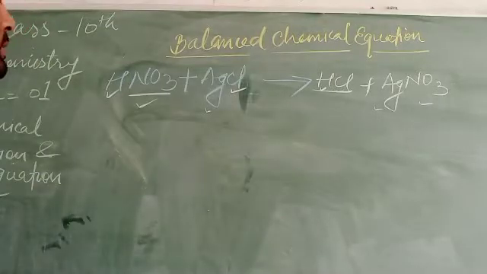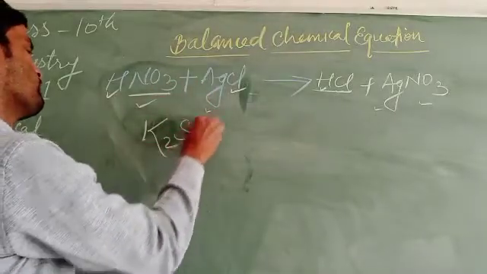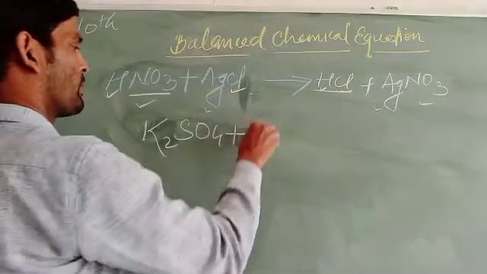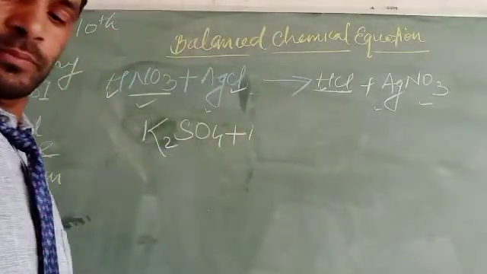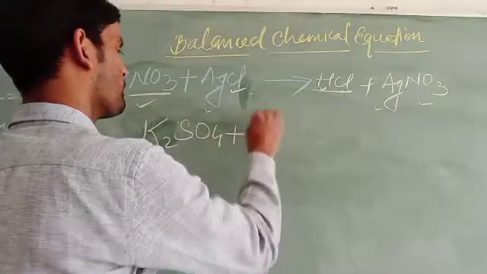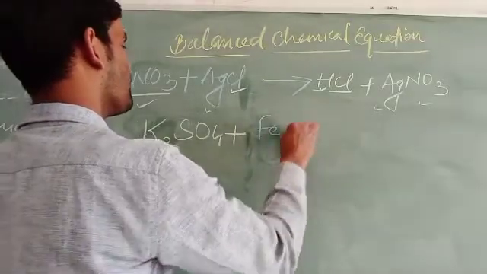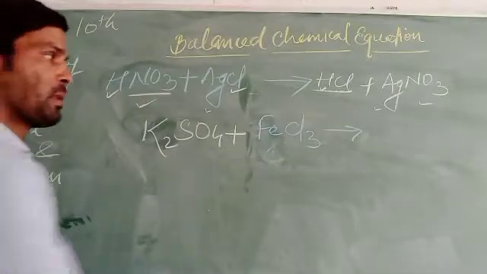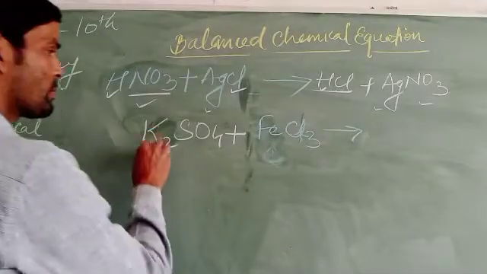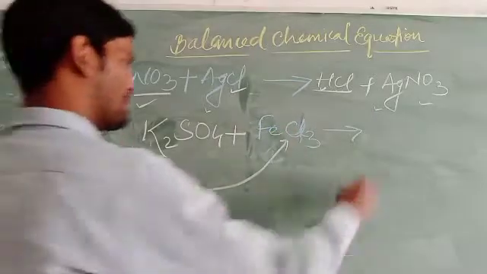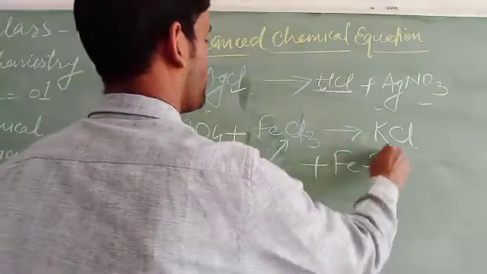Now the next one is K2SO4 plus FeCl3. So first of all it will form KCl, and the next one is FeSO4.